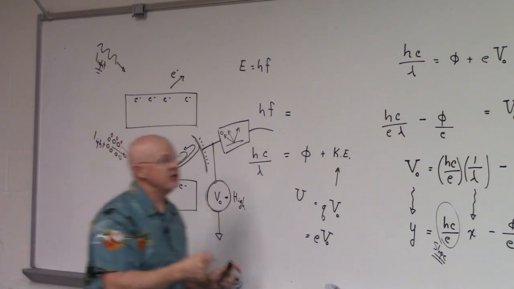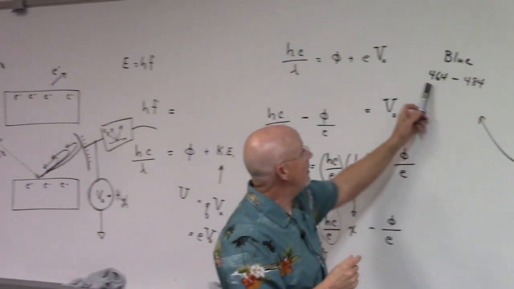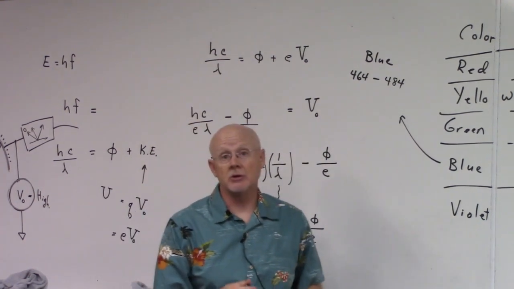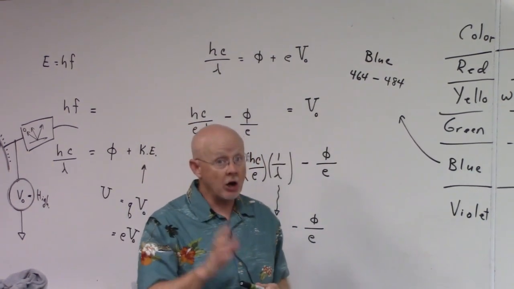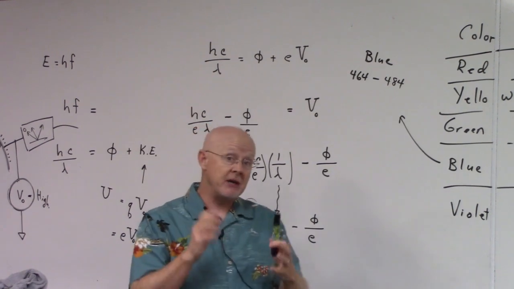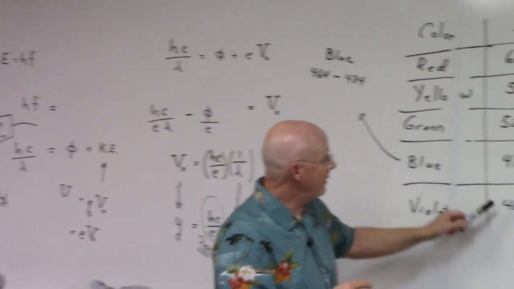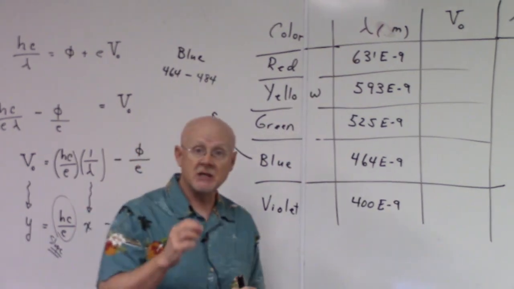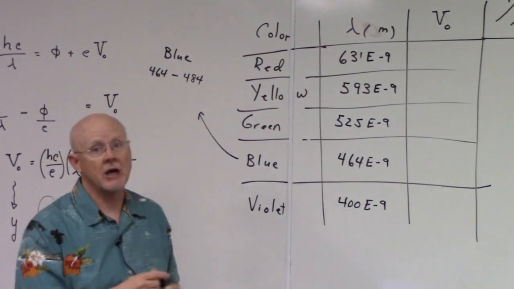And the highest energy ones are the ones that are getting hit with blue photons that have a wavelength of 464 nanometers. So that's why in our chart, it has already been picked for you that these are all the smallest wavelengths, because these are the highest energy photons.